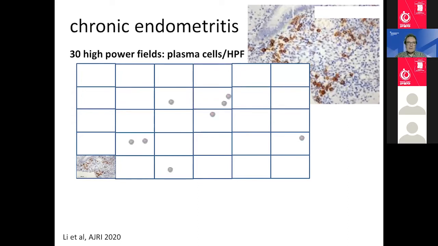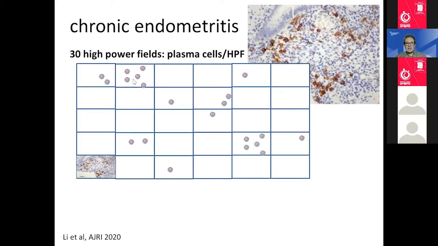And then they found in the different high power fields different numbers of plasma cells. And they have counted how many cells there were per field. And they have focused on the field with the highest number of plasma cells. So for example, in this case, it's this one. This has 5. So here we have a patient with at least one high power field with 5 plasma cells.